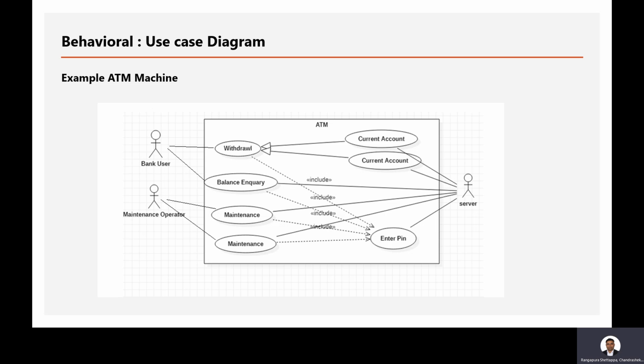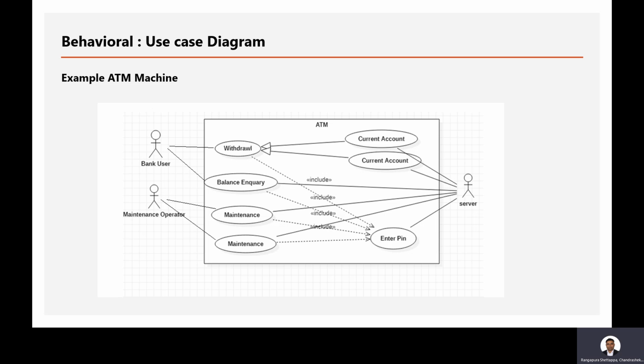I am starting with two users, or basically actors, the bank user and the bank operator. One person can do the maintenance, reload the money, upload and correct the machine. And the other is the bank user who has an account in that bank and can withdraw money.